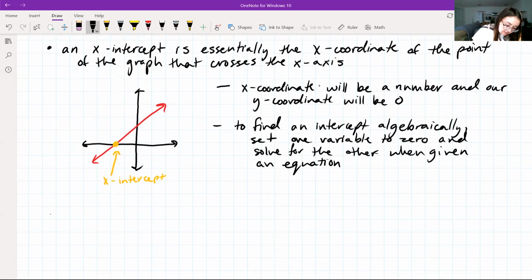Okay, so now to say the same thing about a y-intercept.